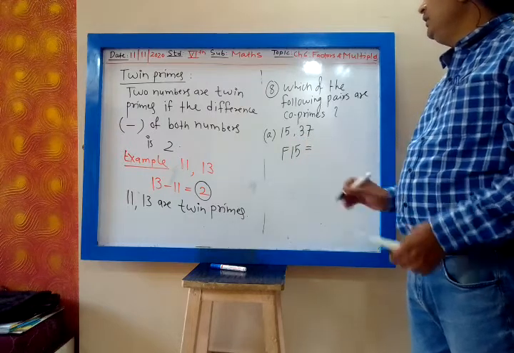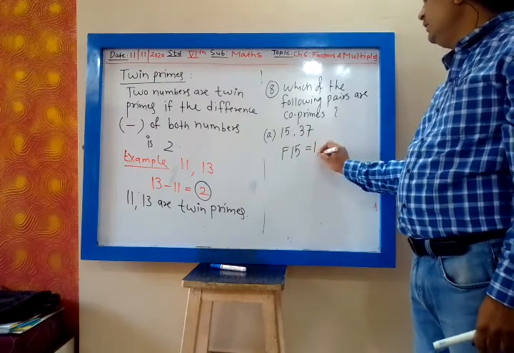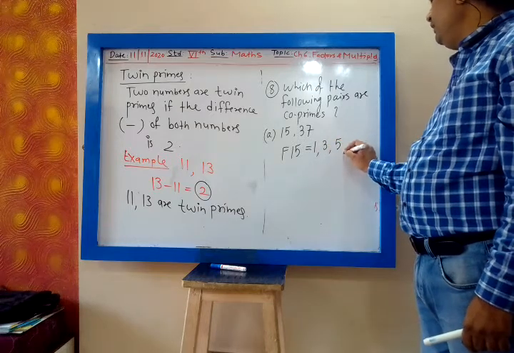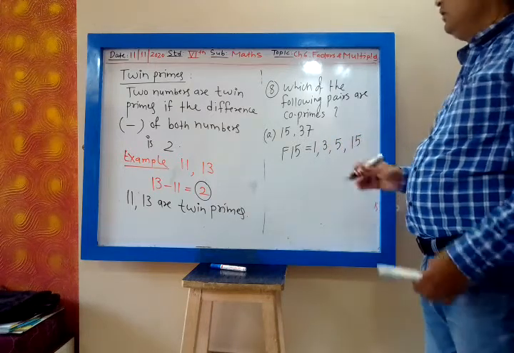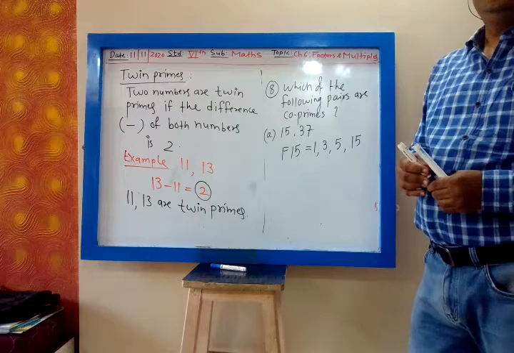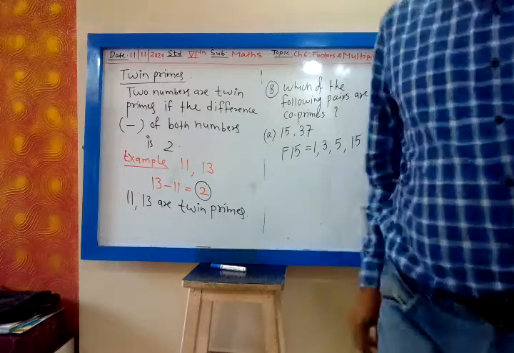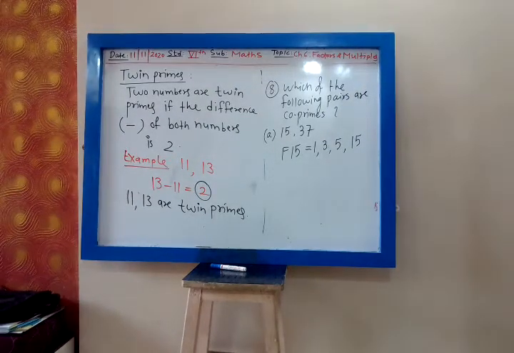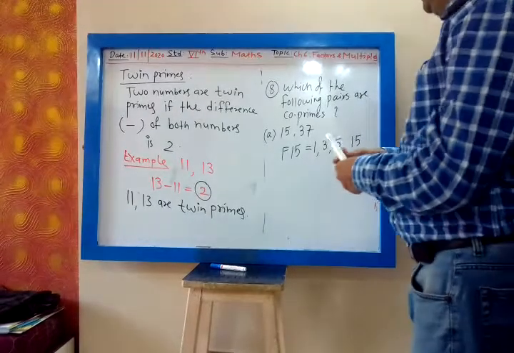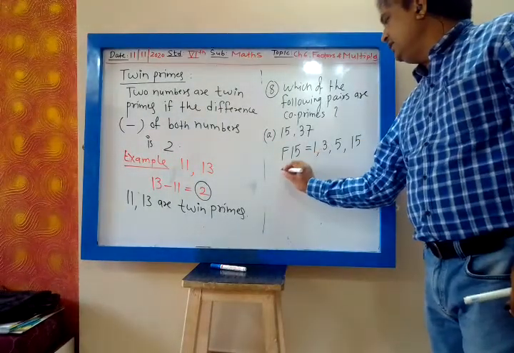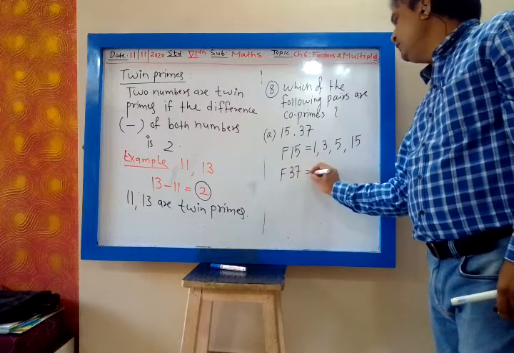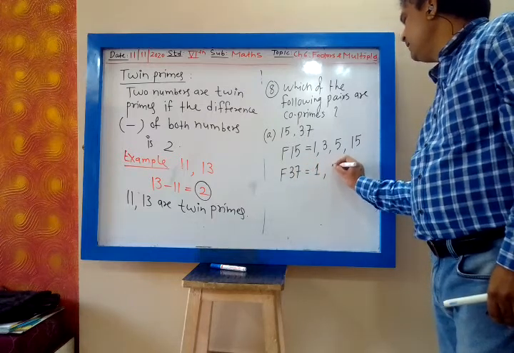What are the factors of 15? 1, then 3, then 5 and 15. Similarly, I will find the factors of 37. Factors of 37 are 1 and 37 only.